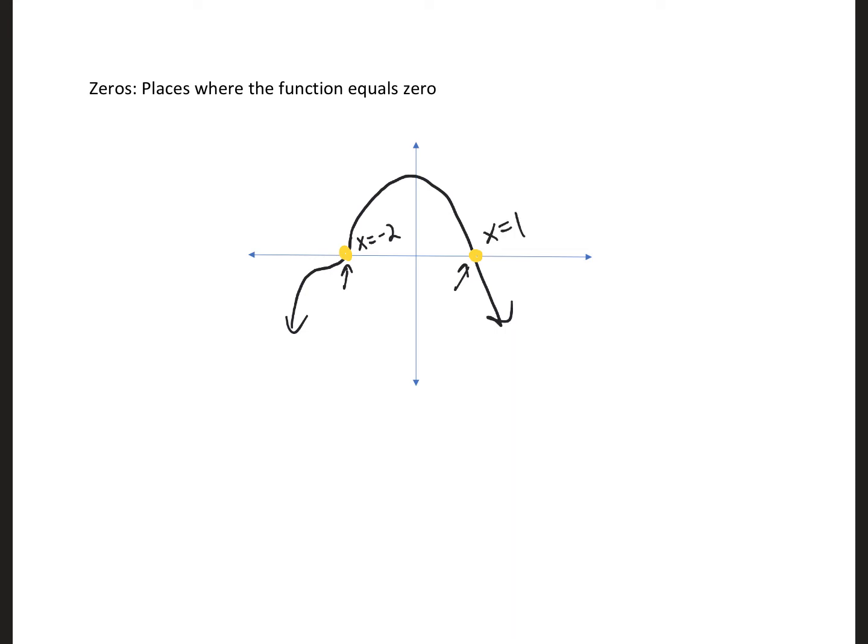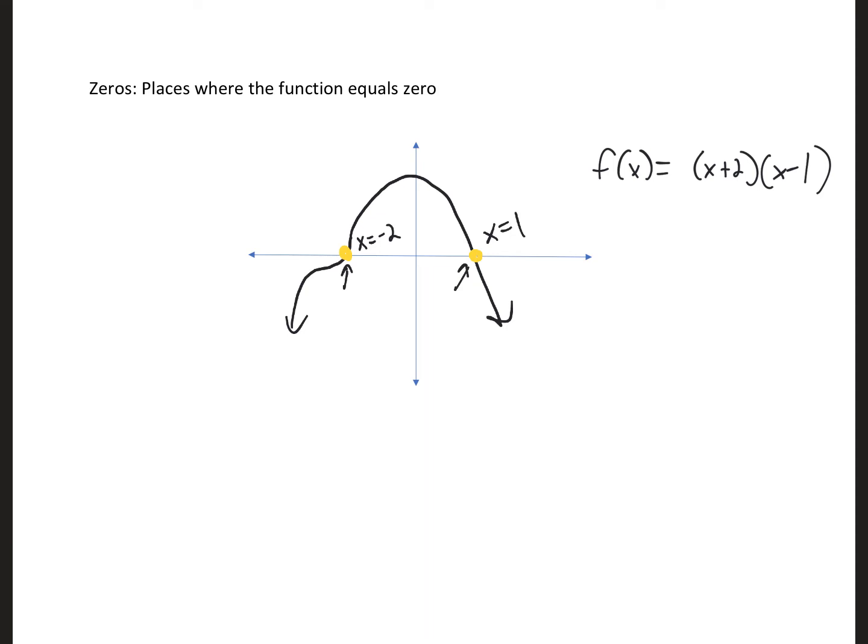Those give me a good idea as to what the factors of this polynomial will be. I know that this polynomial is somehow going to take the form f of x equals x plus 2 and x minus 1. But we're going to talk about one distinct or interesting characteristic here. How would I know those?